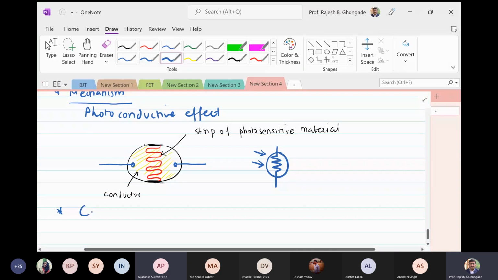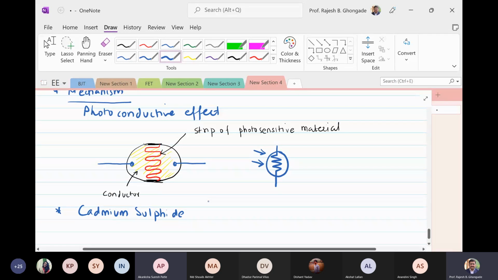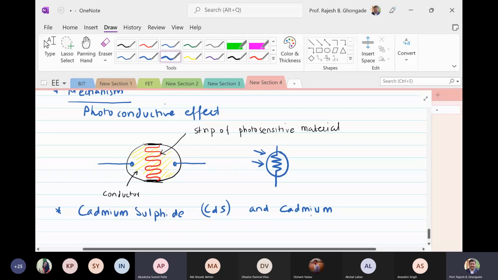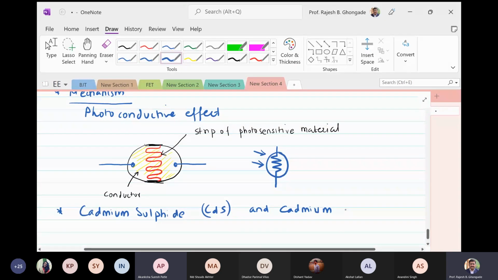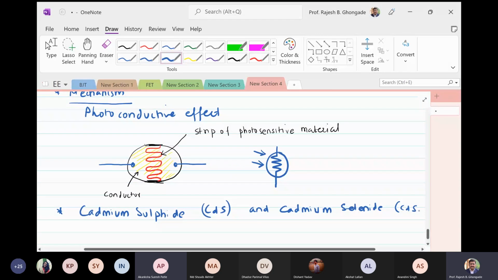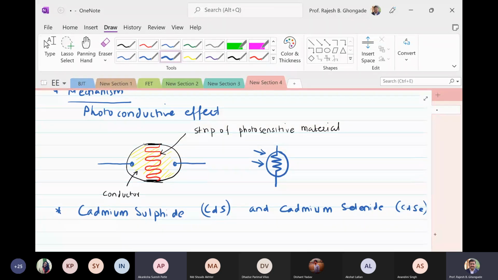Cadmium sulfide, CDS in short, and cadmium selenide, CDSE. These are the materials used in that photoconductive strip.